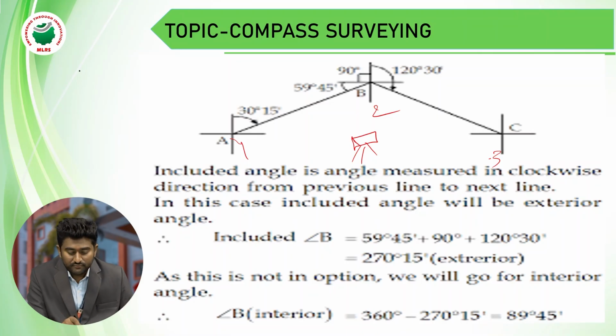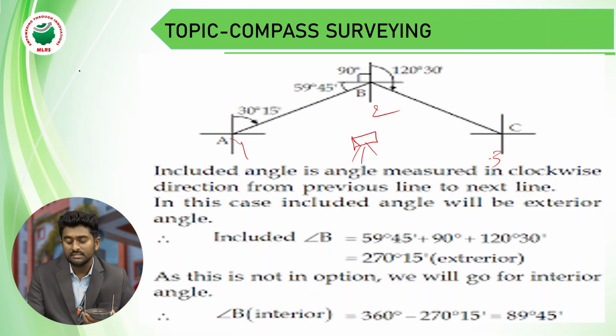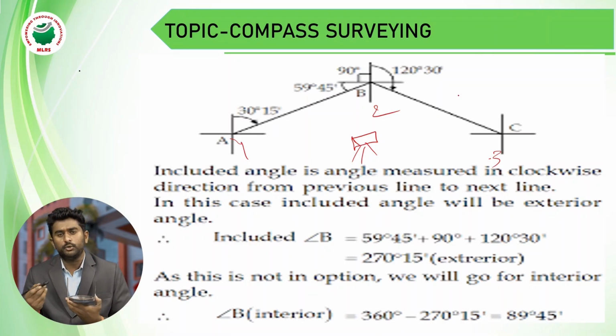You can choose the first survey line point, second survey line point, third survey line point. Note the readings in the surveyor prismatic compass: forebearing values and back bearing values. The included angle is the back bearing minus the forebearing of the survey line.